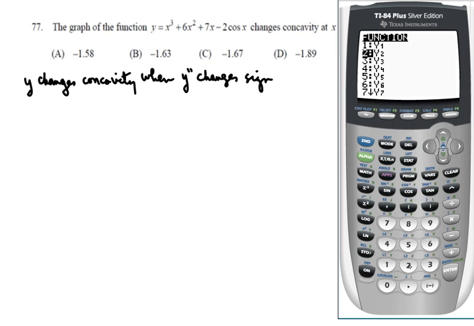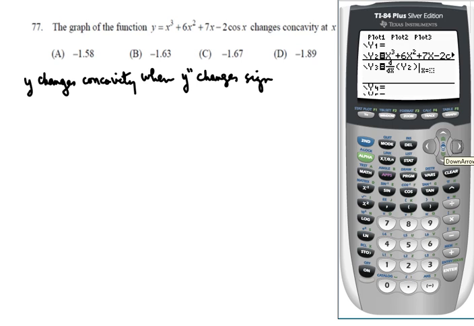Yours might be y1. Finally, I'm going to set x equal to x, which means I want this to draw a graph for all values of x.